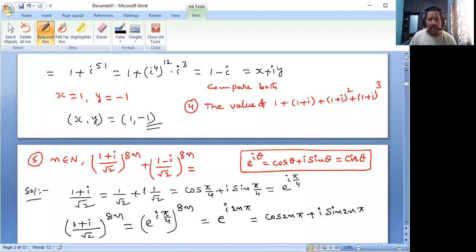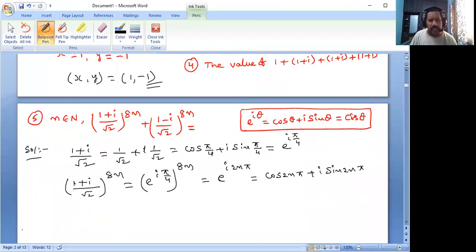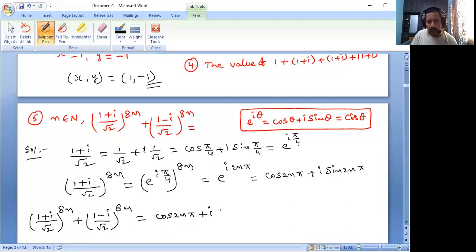Okay, now similarly, what about the second term? So I'm writing the question: (1 plus i by root 2) whole power 8n plus (1 minus i by root 2) whole power 8n. The first term value we already know, that is cos 2n pi plus i into sine 2n pi. This is the first term plus the second term.